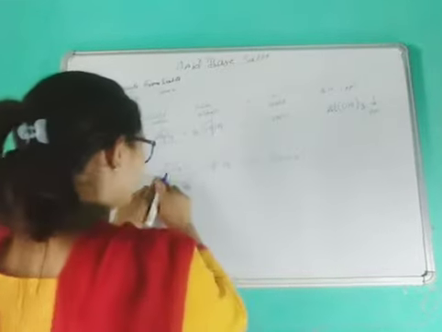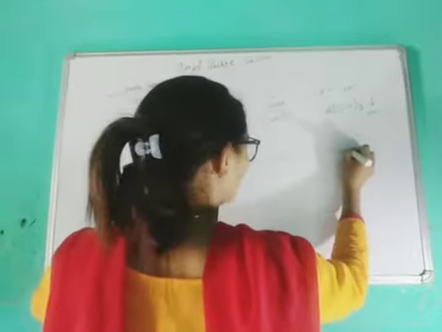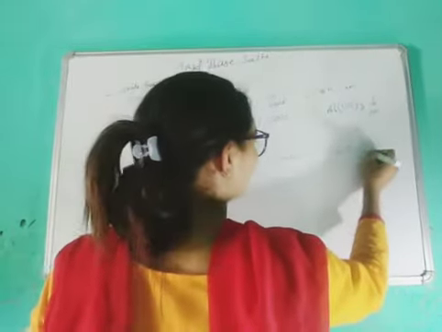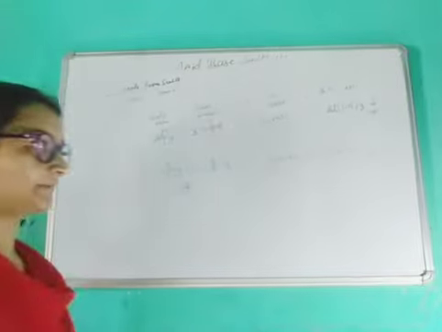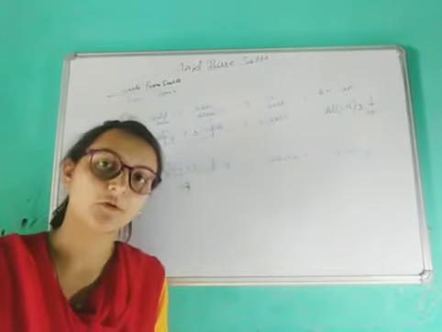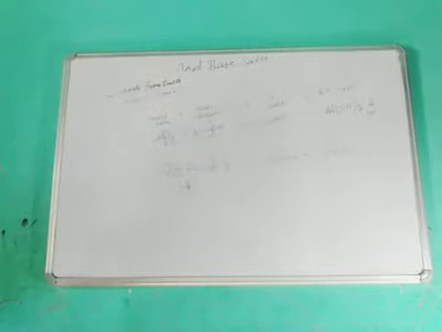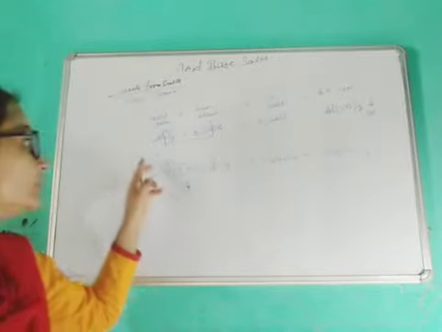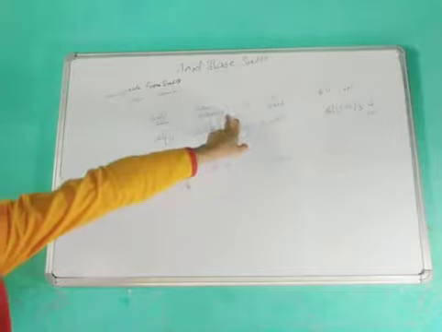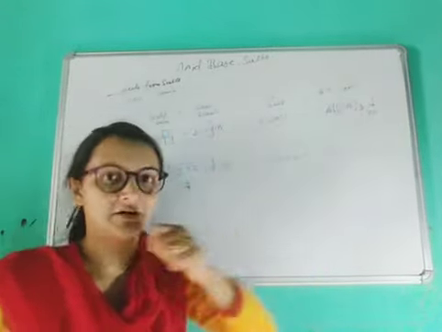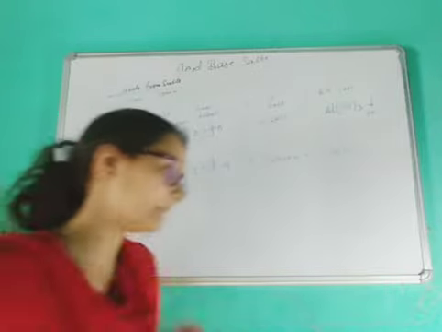Plus there is left only Fe and OH. So there will be Fe(OH)2 in the precipitate, in the precipitated form. So it will form a basic hydroxide. So when you mix a salt solution plus base, there will always be a normal salt and a basic hydroxide.